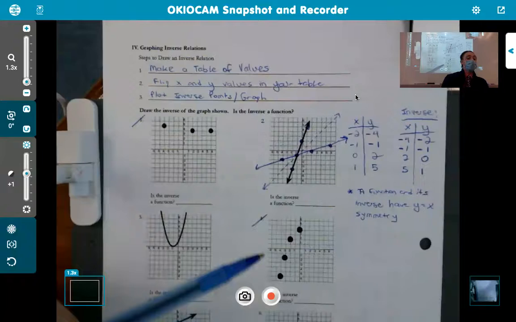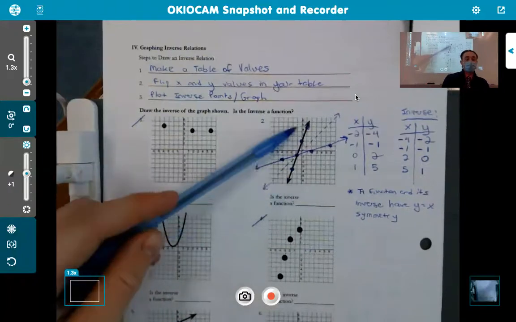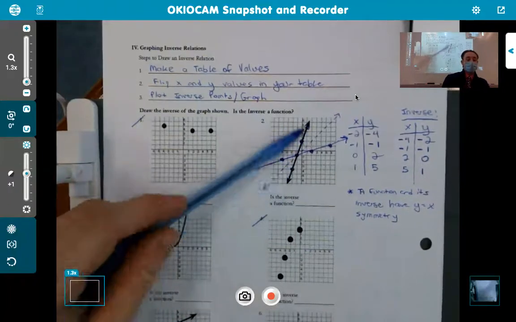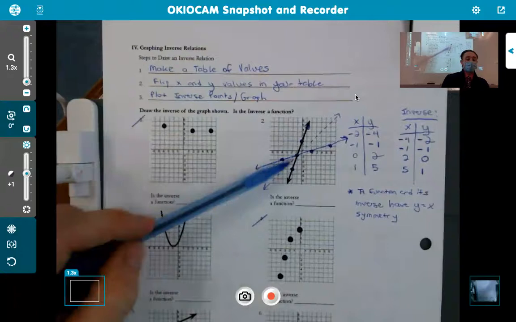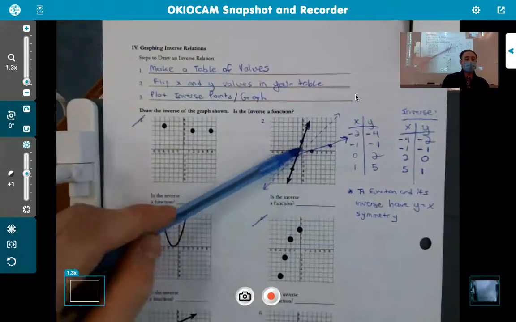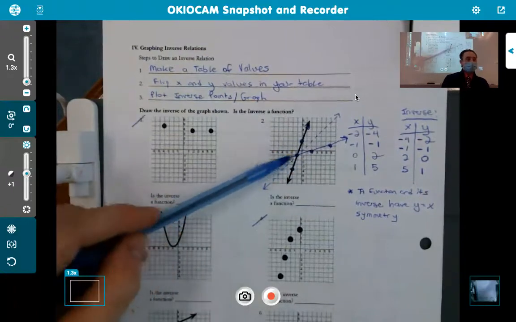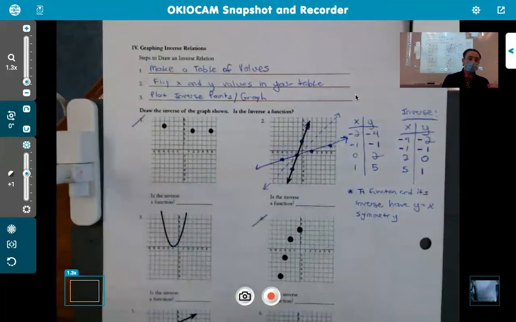That means that if you take your original equation, that black shaded in line, and you reflect it over this diagonal, you get the inverse function. Or if you were to rotate it around, reflect, whatever is easiest for you to understand. That's how you get the inverse function. And that should be the case every single time, it will have that symmetry, right?